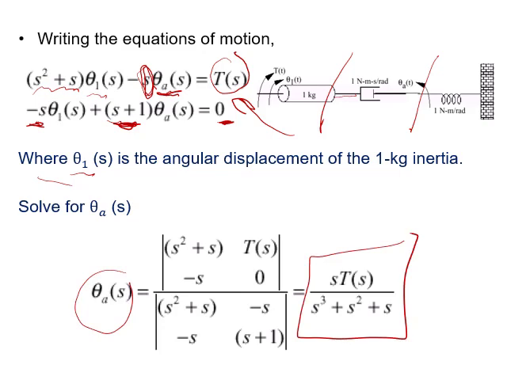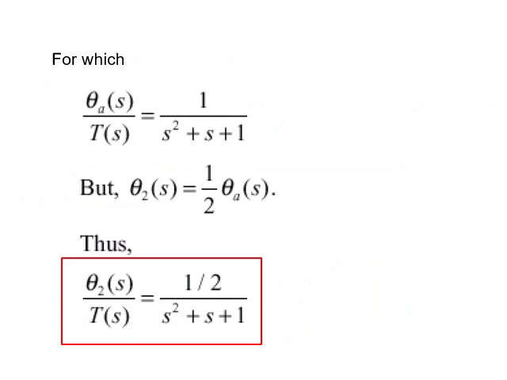Again, I'm reminding you, theta A is equal to theta 2 multiplied by the ratio. Theta 2 reflected is equal to theta A. Let's see in the next slide. Now, after simplifying the equation given earlier, theta A over T will be written as you see here. Now what remains is to find the value of theta A. Remember from the earlier discussion, I will write theta A here in a different way.